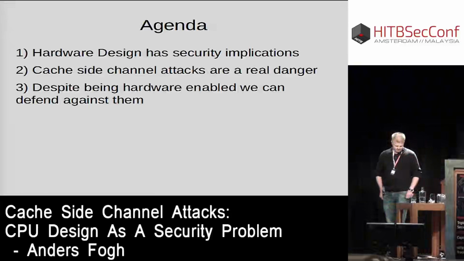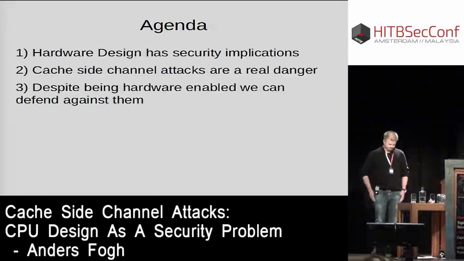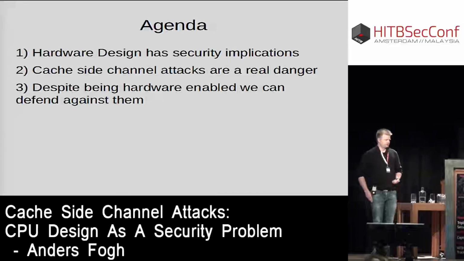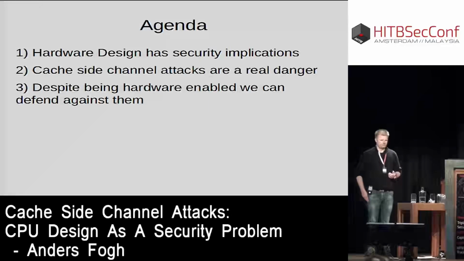So when I prepared for this talk, I was thinking about what I want to bring across here. So I made an agenda for myself, and I decided to put it in a slide. The first point that I want to make is that hardware design has security implications. What I mean by that is in fact a lot more than just that statement. The first thing is, usually we think that if the software is written correctly, we will be safe.